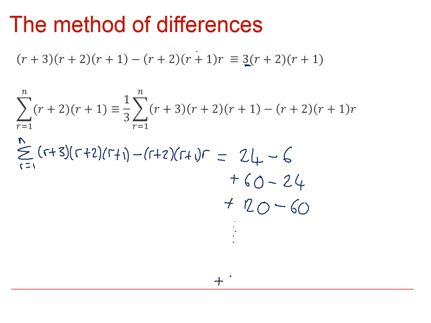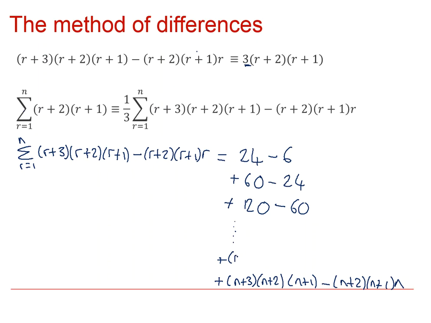So our last term is going to be n plus 3, n plus 2, n plus 1 minus n plus 2, n plus 1 times n.